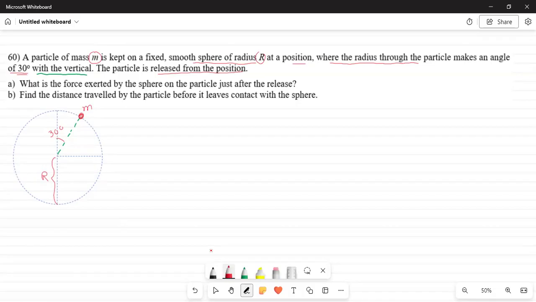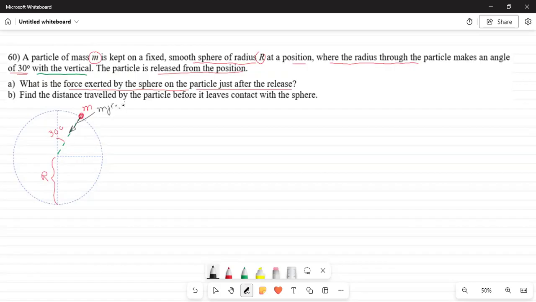The first question they have asked is, what is the force exerted by the sphere on the particle just after it is released? Immediately after it is released, the force exerted is nothing but mg cos 30.